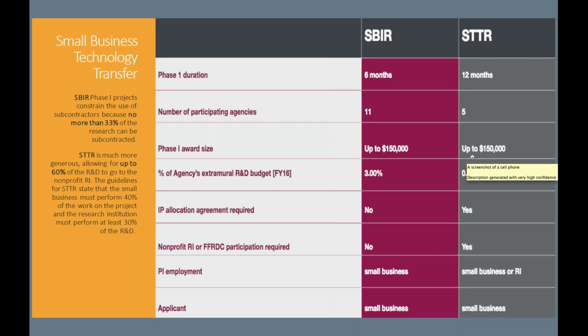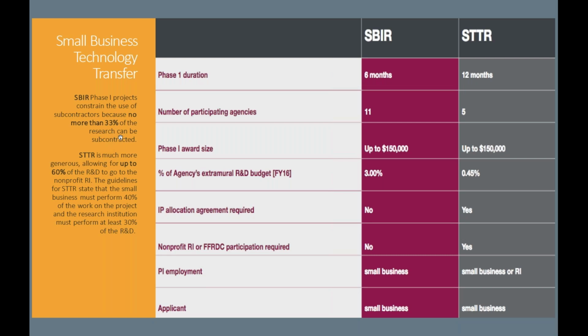So it's really just the percentage of work that's done. STTR allows up to 60% of that work to be subcontracted, which means the small business could do as little as 40% of the work on the phase 1 project. With an SBIR phase 1, no more than 33% of the research can be subcontracted.